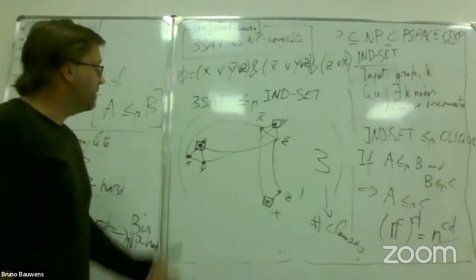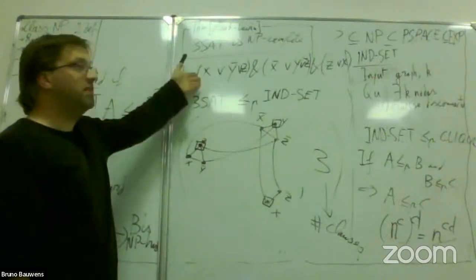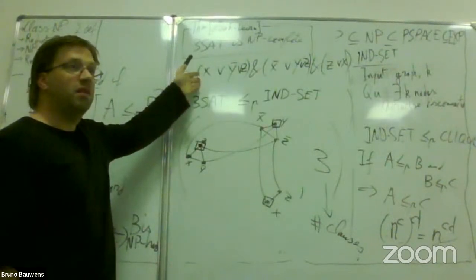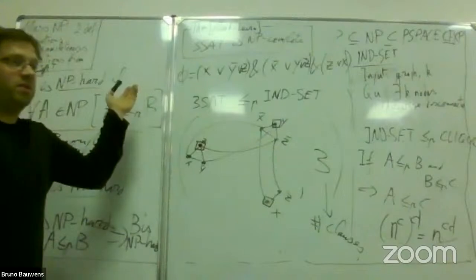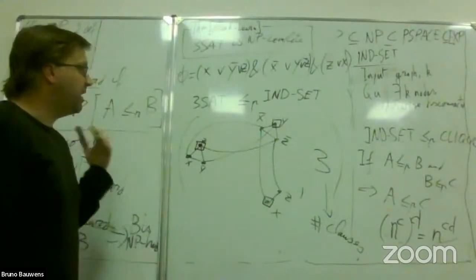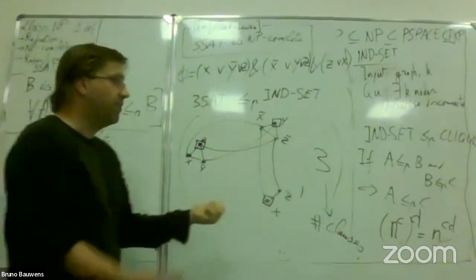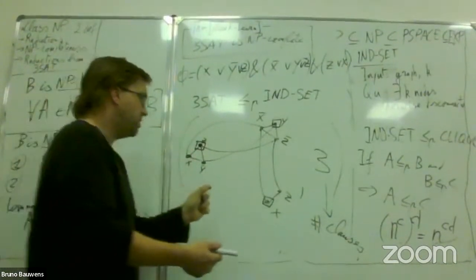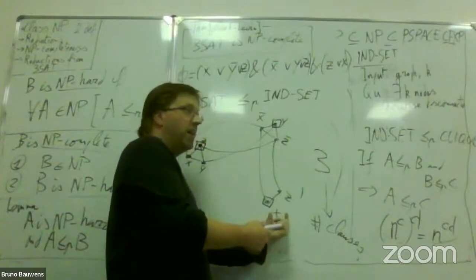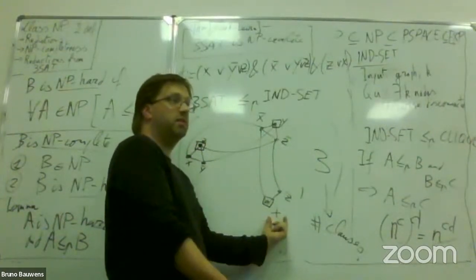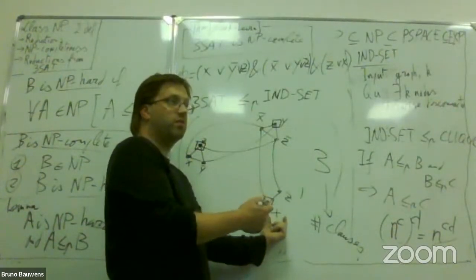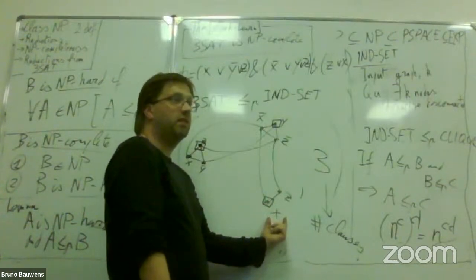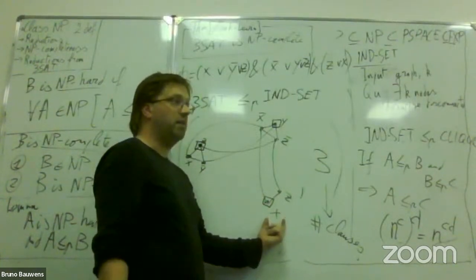Now the opposite: if there is an independent set, we have a satisfying assignment. For a variable, should we choose 0 or 1 for the assignment? We just check whether this variable is selected or its negation is selected, and then we choose the value. If the variable is never selected, then we can set it to anything.